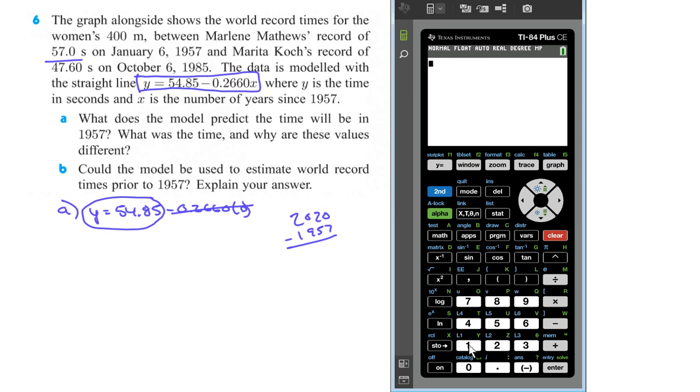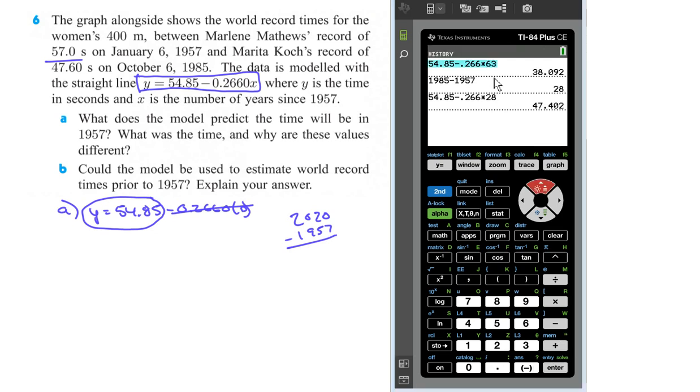So if we take 1985 minus 1957, that is 28 years. So if we plug 28 into this, we get 54.85 minus 0.266 times 28, and that gives us 47.6, so that's good.